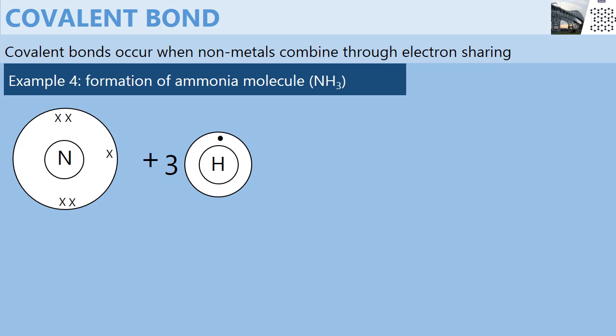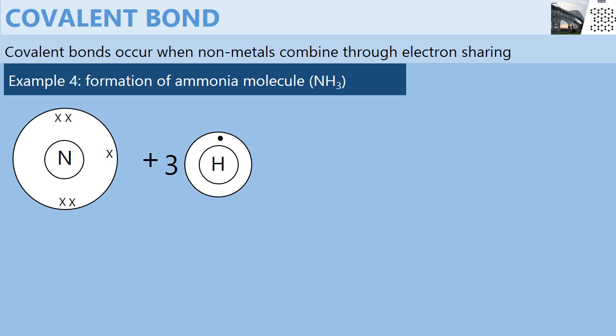This is the formation of the ammonia molecule. Ammonia is written as NH3. You can see it here, NH3, meaning 1 nitrogen has combined with 3 hydrogen atoms.